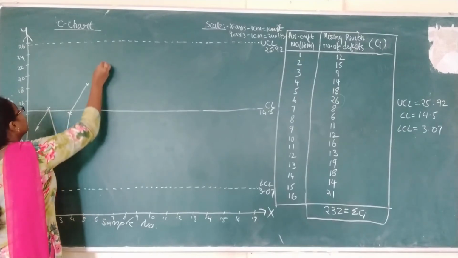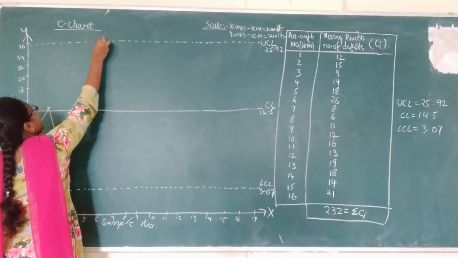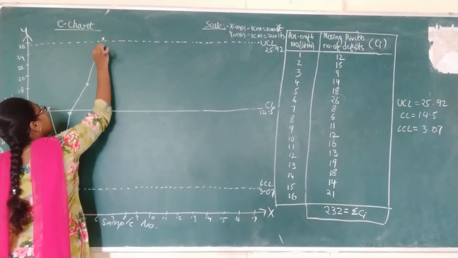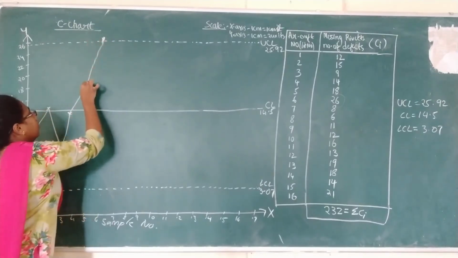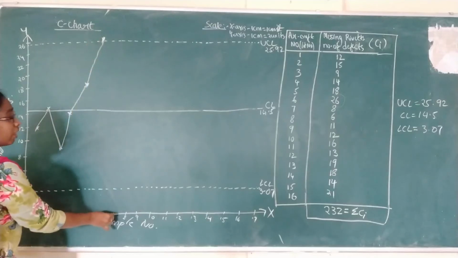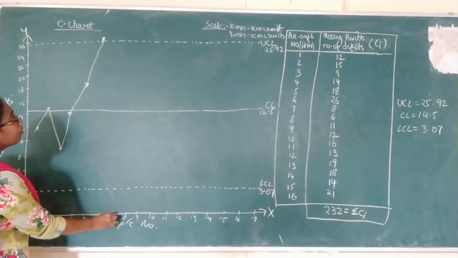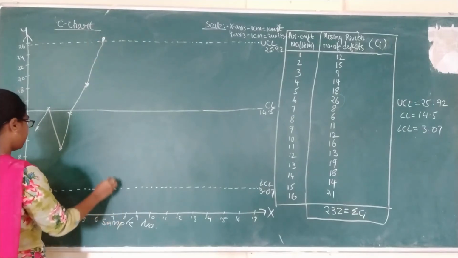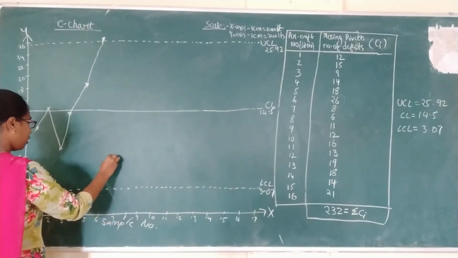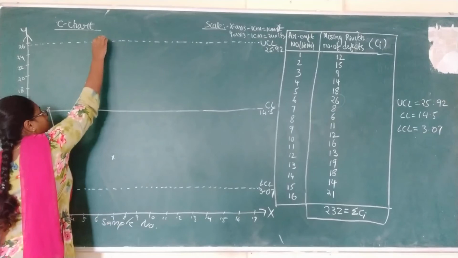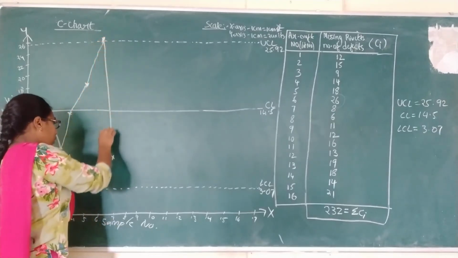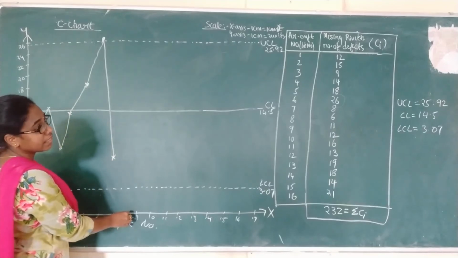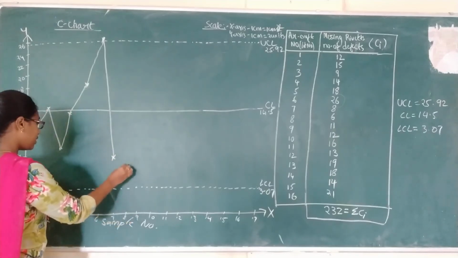So if you observe, 26 means it is above our UCL. Next, for the seventh sample, the defect is 8. Join carefully. For the eighth sample, the value is 6.